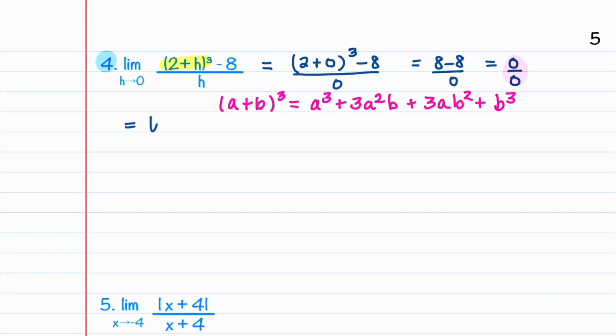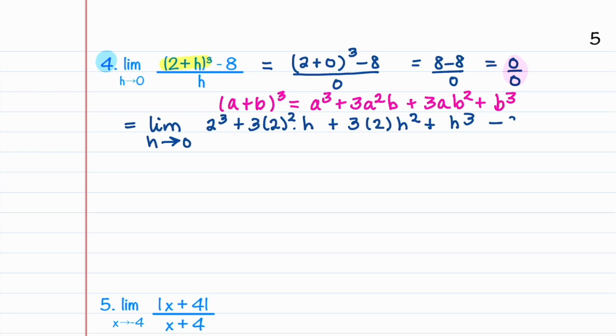I'm going to use the formula, so I'm going to write down this is the limit as h goes to 0, 2 cubed plus 3 times 2 squared times h plus 3 times 2 times h squared plus h cubed. And then we can't forget we have a minus 8 to tag on there.